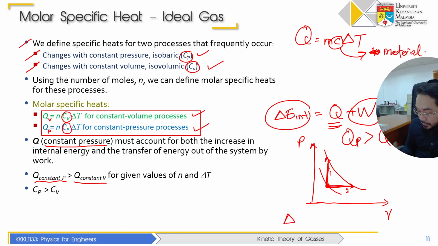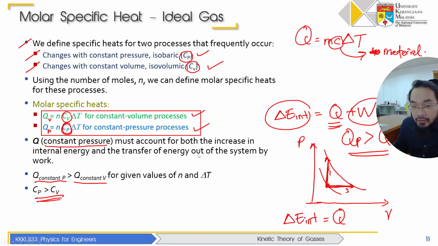Therefore, delta E_int is equal to Q. So if Qp is always bigger than Qv, then in order for the mathematics to work, Cp must be bigger than Cv. That is what we need to observe here.